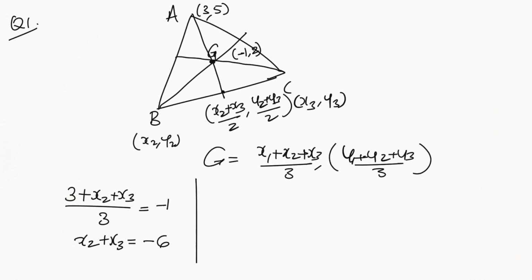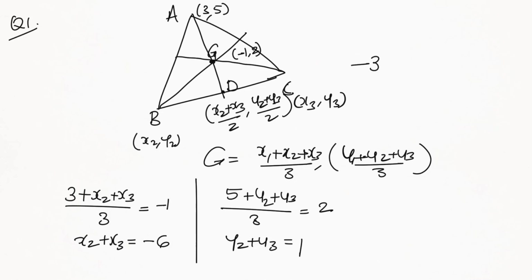Similarly for y coordinate, y1 is 5, y2 and y3 we don't know. The y coordinate of the centroid is 2, so y2 plus y3 is 6 minus 5, 1. So the midpoint of BC, or the point D, will be x2 plus x3 over 2, that is negative 3, and y2 plus y3 over 2, that's 1 over 2. This is the answer.